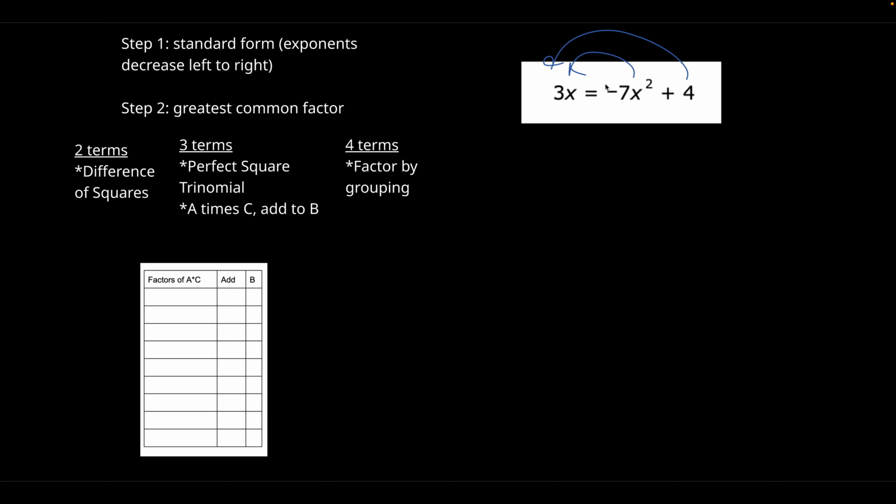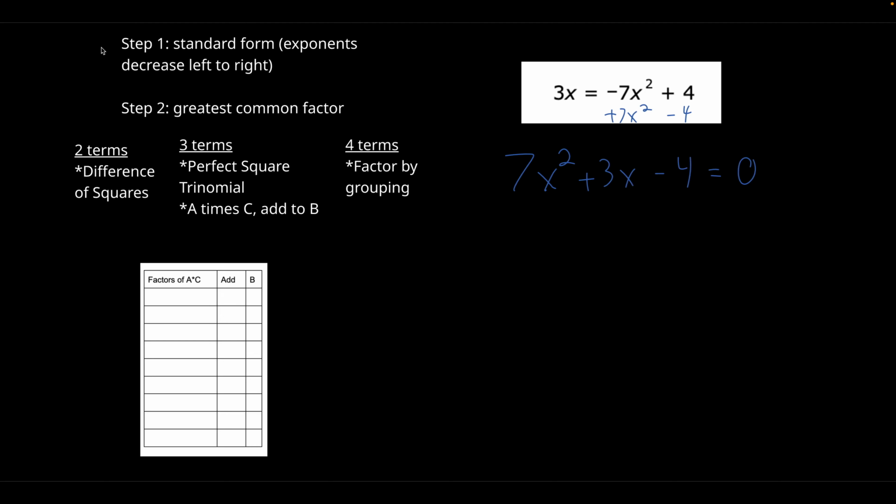I like to have the number in front of the x squared positive if I can. I find that a little easier for factoring. So I'm going to do plus 7x squared and minus 4 to move it over. Now, when I move everything over, I have 7x squared plus 3x minus 4 equals 0.